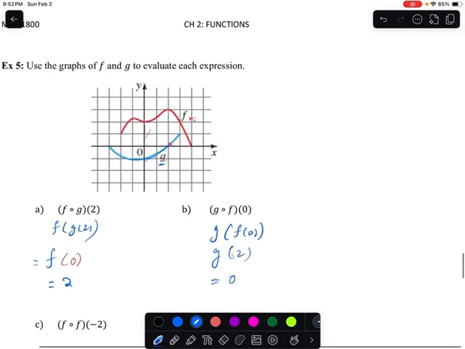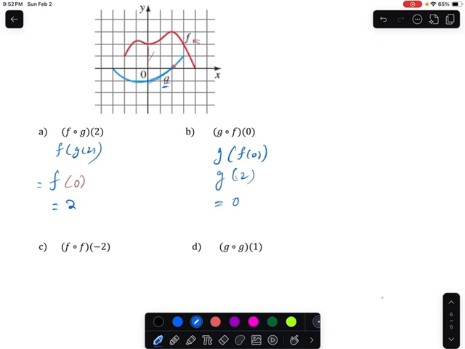Next one is f composed with f of -2. So we can compose the function with itself. This is f of f of -2. Now f of -2: here we have -2, and at this -2 the value is a little bit less than -1.